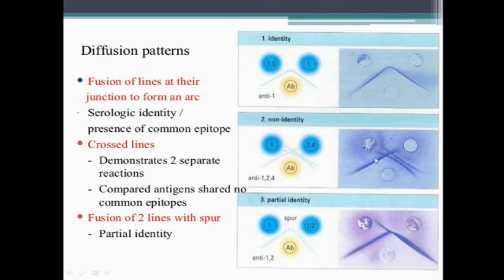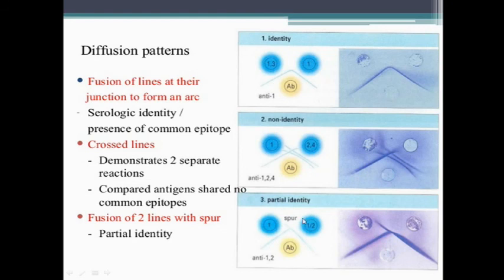If we get crossed lines, then we can interpret that both antigens are non-identical. There are no similar epitopes.